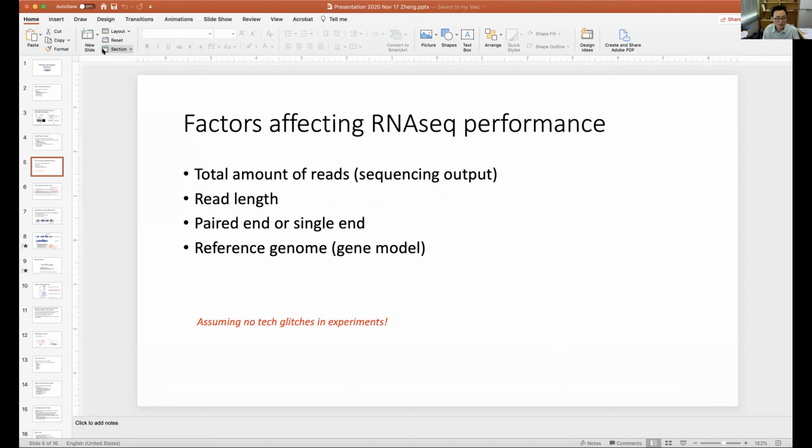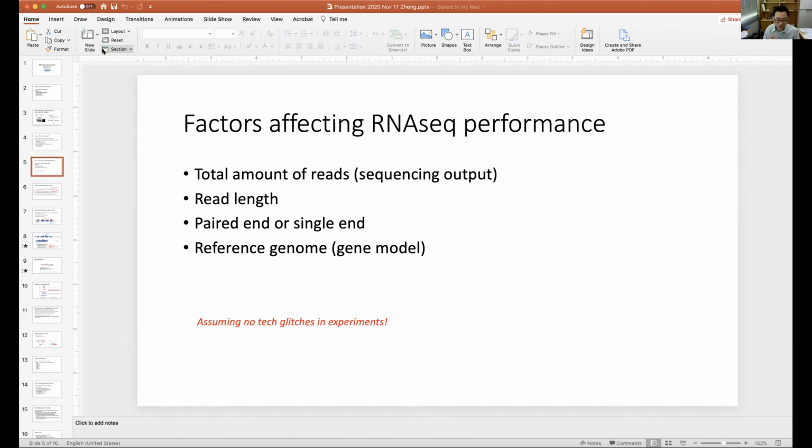So I'm going to go really quick because I think most of the stuff you already know. Now the factors affecting RNA sequencing performance: of course, number one is the total number of reads you get from the sequencing. And the read length also is very important. If your goal is to discover gene fusions, longer reads are much better and more powerful than short reads.